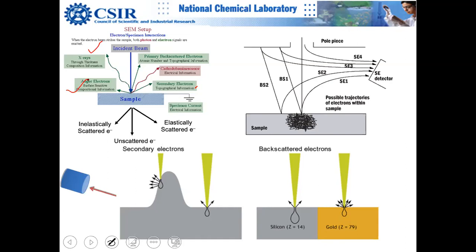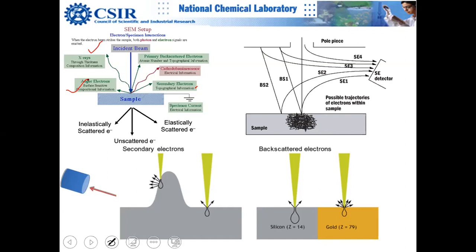My doubt is that if we take any sample, and the Auger electrons have been incident onto the sample, will it give the compositional analysis if we keep the Auger detector there?